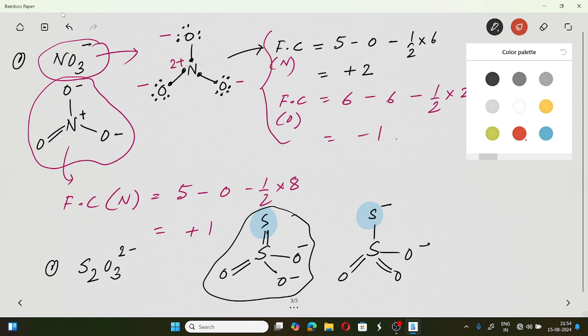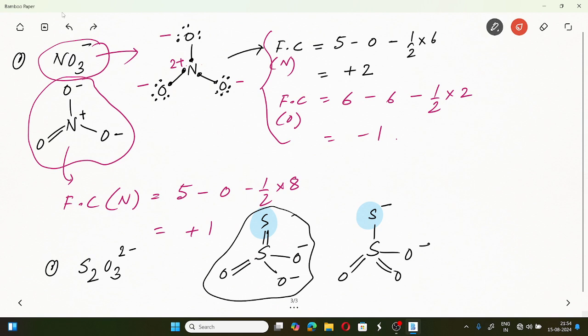For this sulfur in this structure, neutral sulfur has 6 electrons, and anionic sulfur means there will be 7 electrons, 1 extra electron, isn't it? So if you want to find out the formal charge of this terminal sulfur, this is given by 6 minus number of lone pairs 4 minus half into number of bond pairs. Okay? So this is 0.